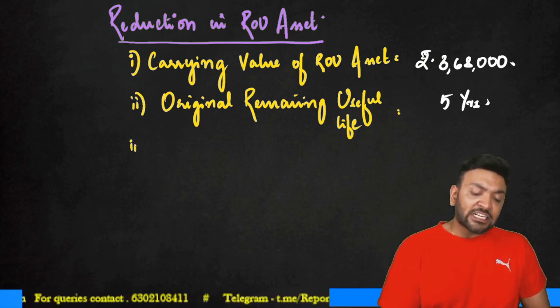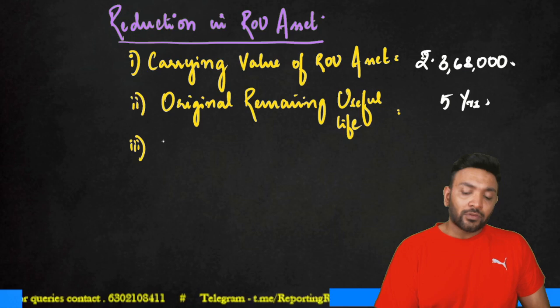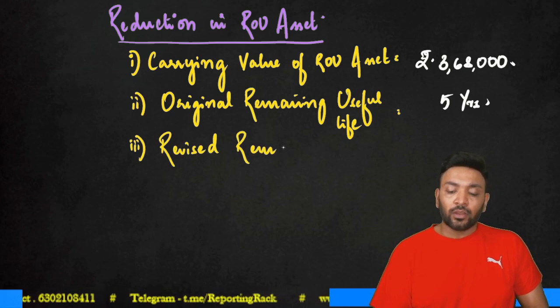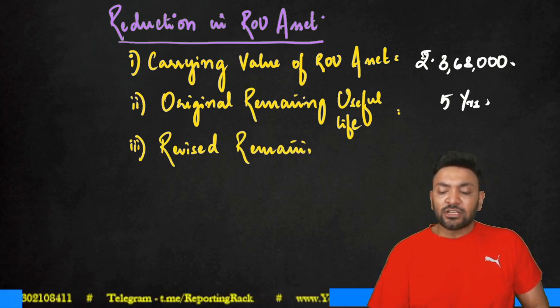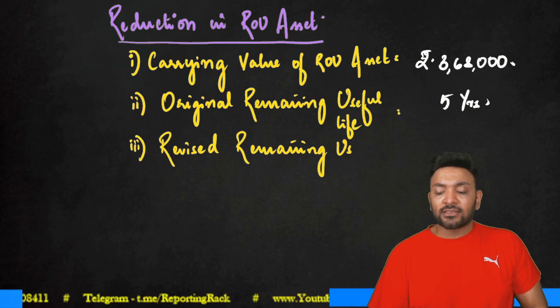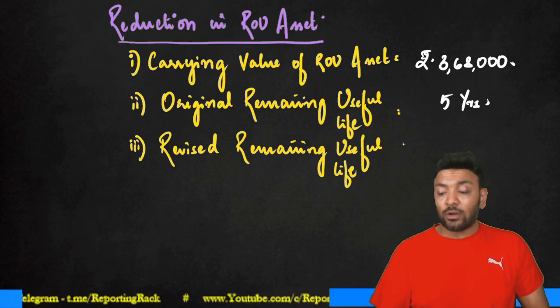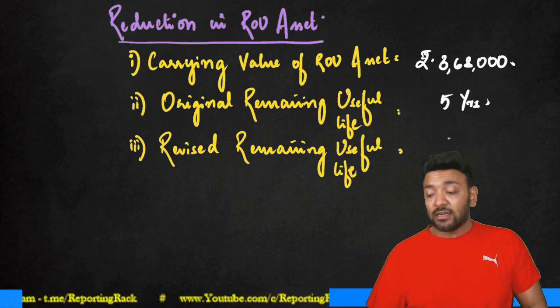Now when there is a revision in the lease term, the revised remaining useful life: the lease term is now revised to 8 years. So definitely there is a decline in the useful life of the asset, because now the useful life of the asset can only be considered as 3 more years.